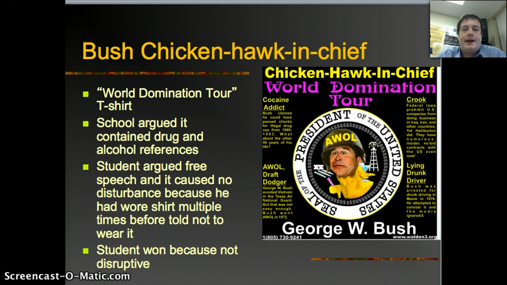Here you see a t-shirt making fun of George W. Bush. You see him with a drink in his hand with cocaine right there. The school argued it contained drug and alcohol references when they asked the student to take it off. However, the student argued free speech and that it had caused no disturbance because he had worn the shirt multiple times before and was never told not to wear it.